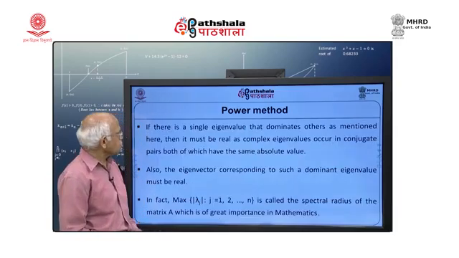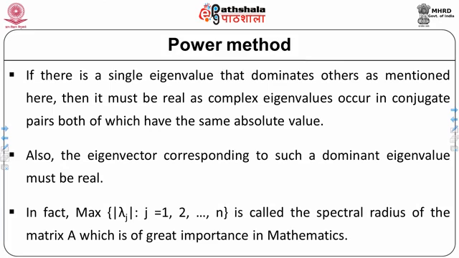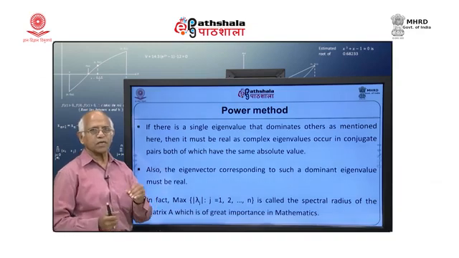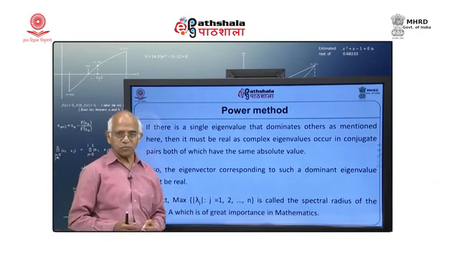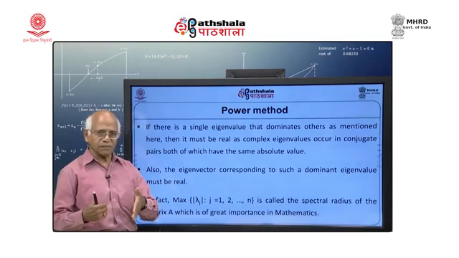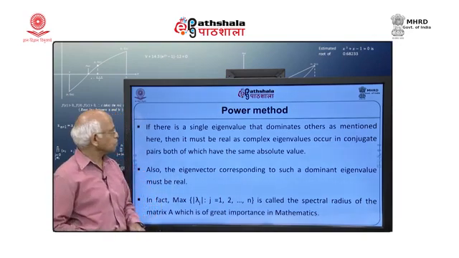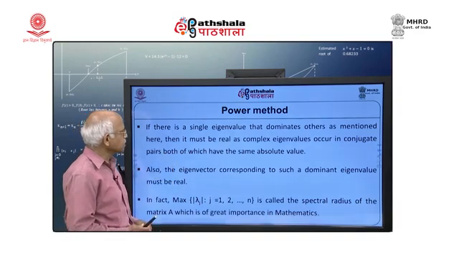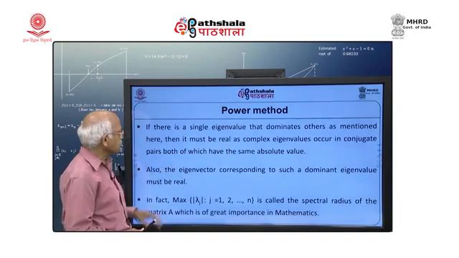Because only one eigenvalue dominates the others, it must be real, as complex eigenvalues always occur in pairs with identical absolute values, and then there would be two eigenvalues with the same absolute value at the highest level. Here it is not so, and therefore we will be considering only a real eigenvalue.